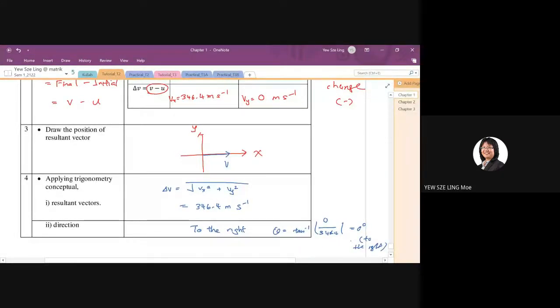Because it's not above or below the x-axis, it's not on the negative side, it's a positive side. So positive along the x-axis. Therefore, we say it is to the right. So if you do the calculation, that is also correct. Don't worry about that. But just remember to mention it is to the right.